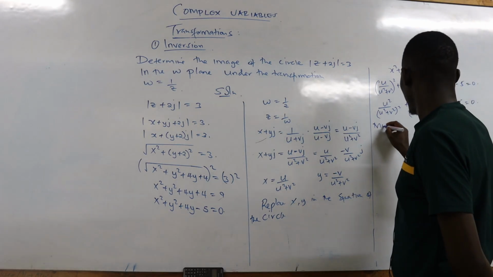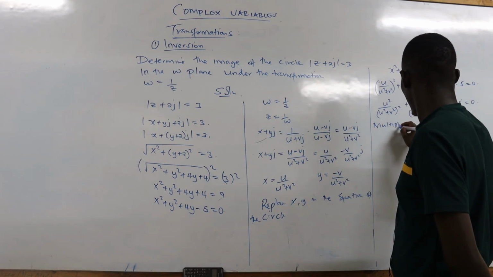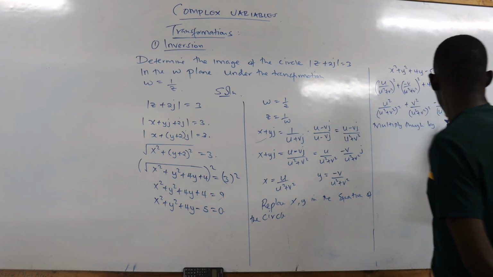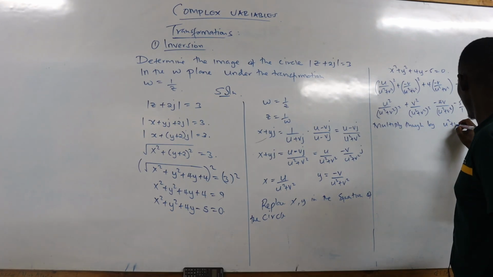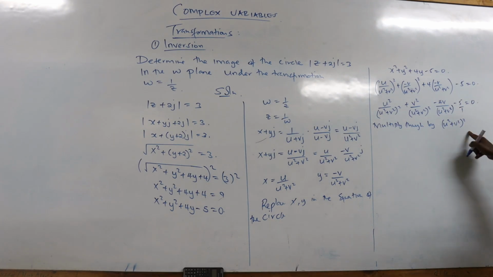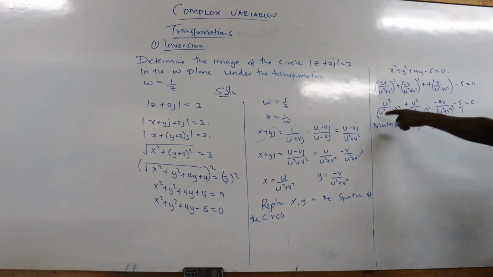So multiply through by u squared plus v squared into bracket squared, because this is the LCM. Are you together? This is the LCM of that.